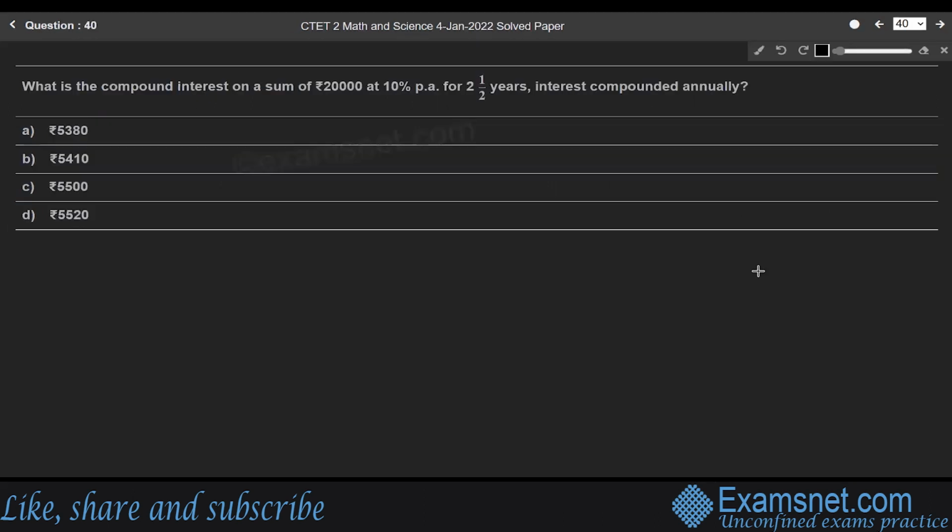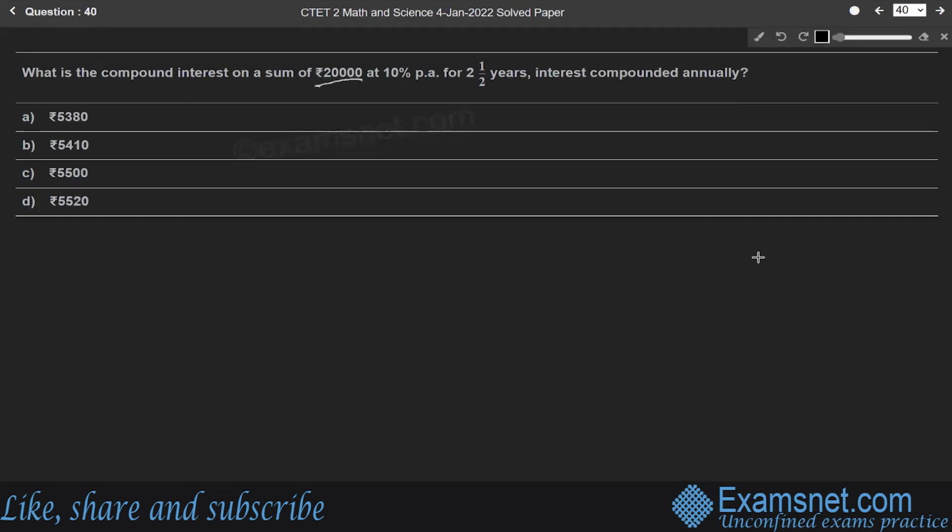Question 40. What is the compound interest on a sum of rupees 20,000 at 10% per annum for 2.5 years, interest compounded annually? Here, given the sum or the principal P is equal to 20,000 rupees.